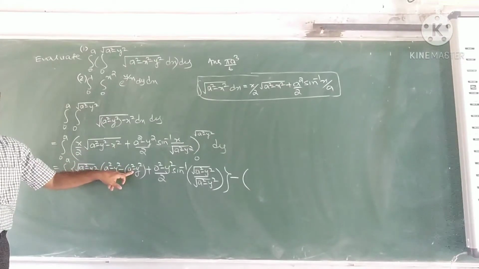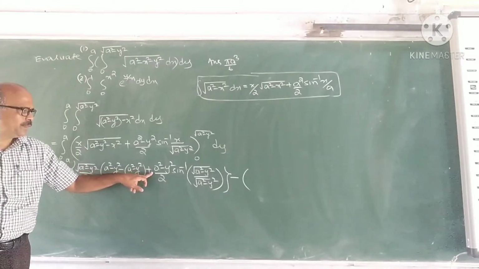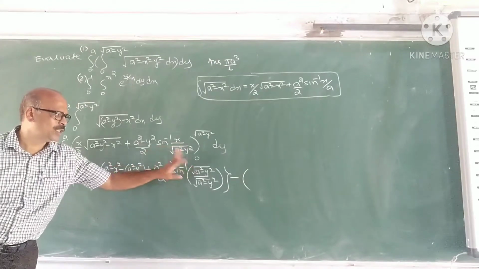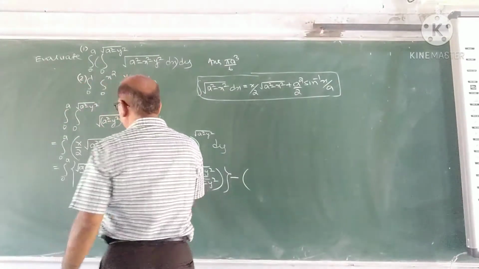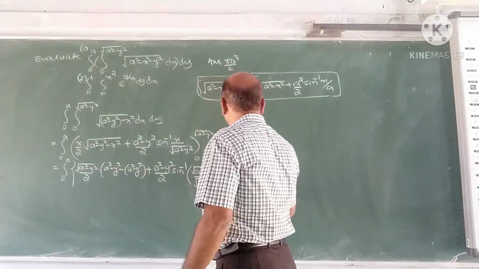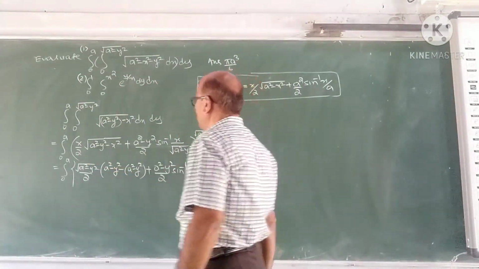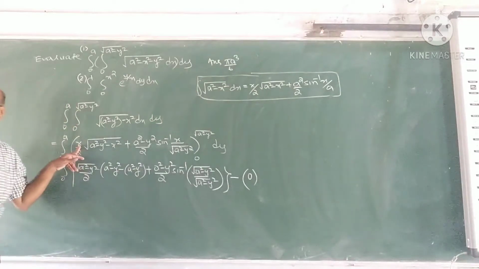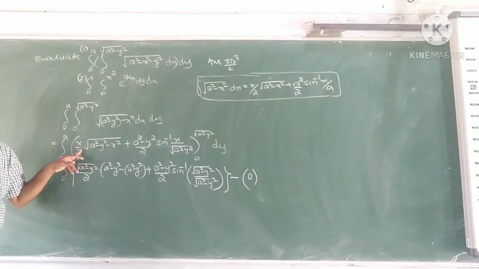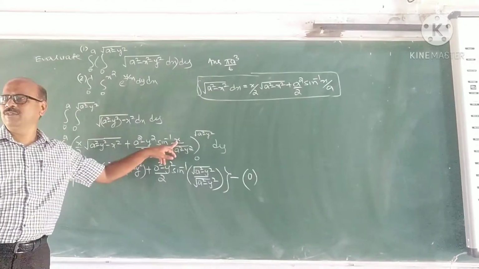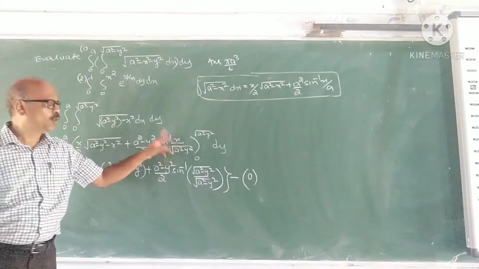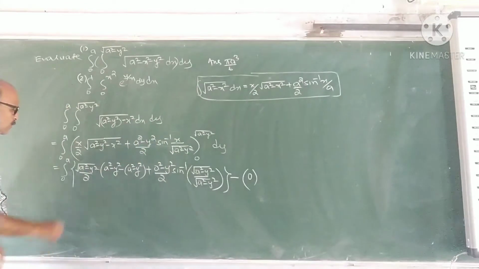Plus sine inverse of x, meaning root a square minus y square. If you take x as 0, the first term becomes 0 because x is there, and sine inverse 0 makes the second term also 0. So the lower limit gives only 0.